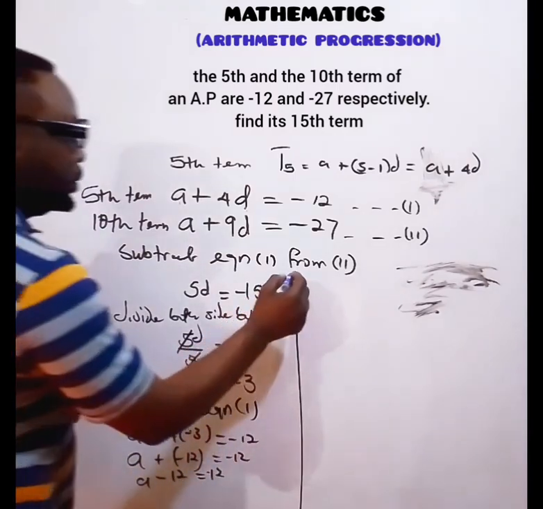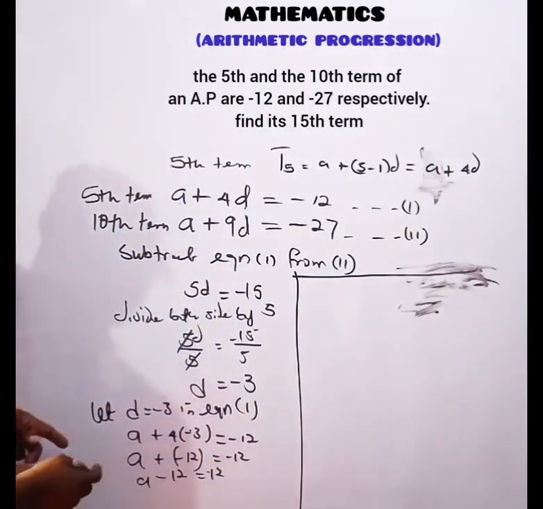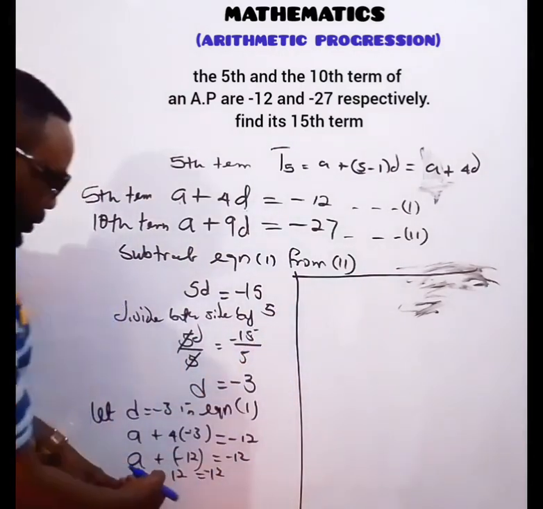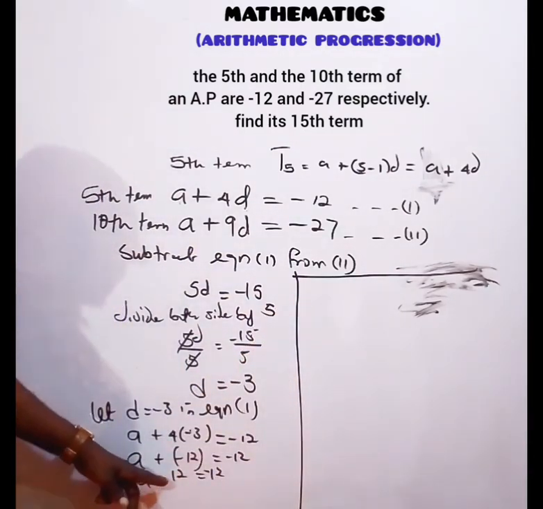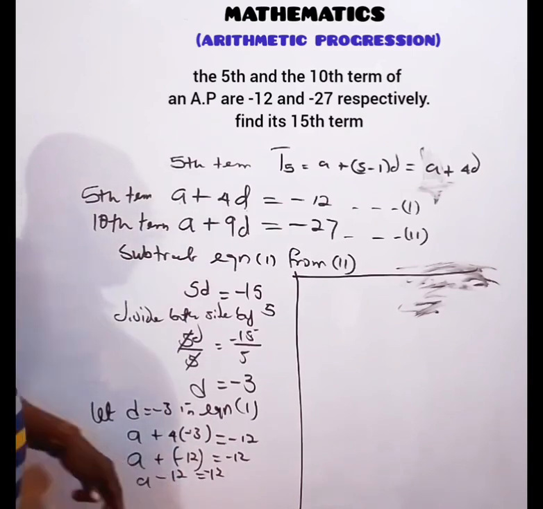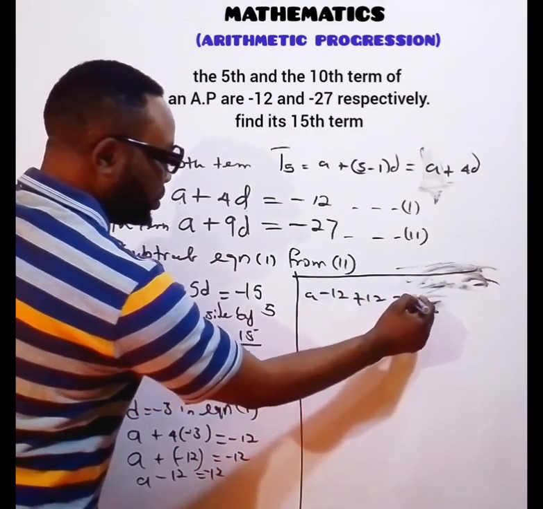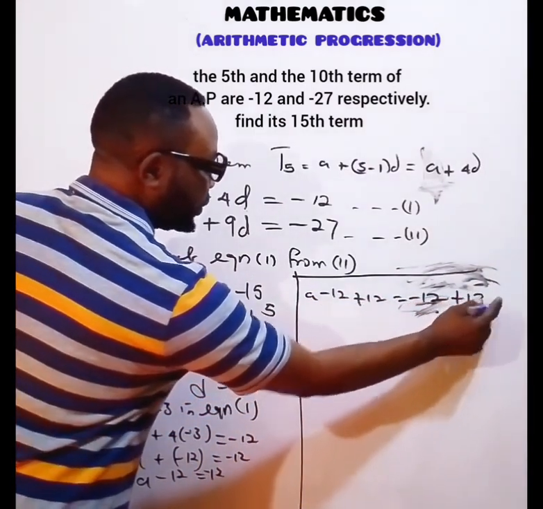So for us to eliminate this minus 12 from this side, we are going to add 12 to both sides. A minus 12 plus 12 is equal to minus 12 plus 12.